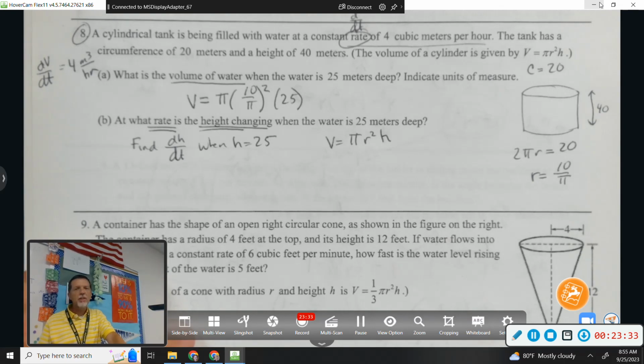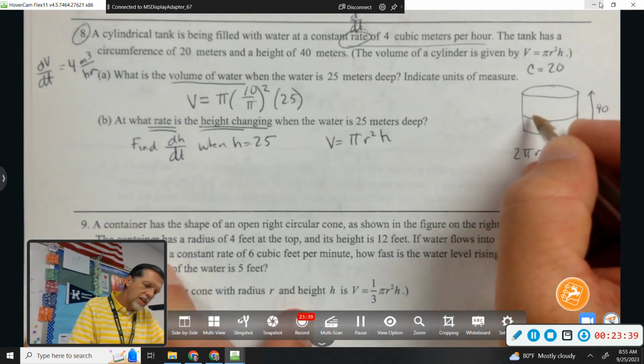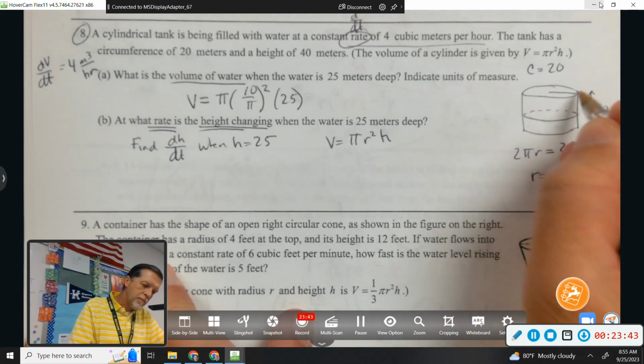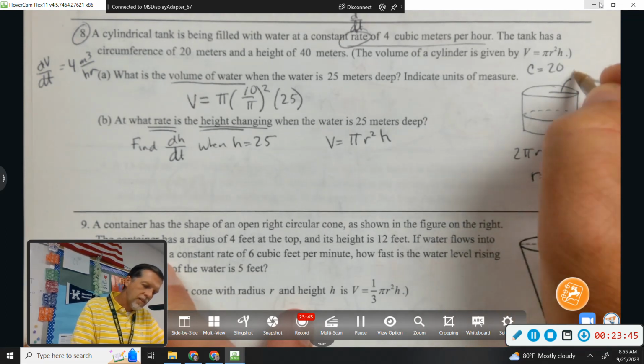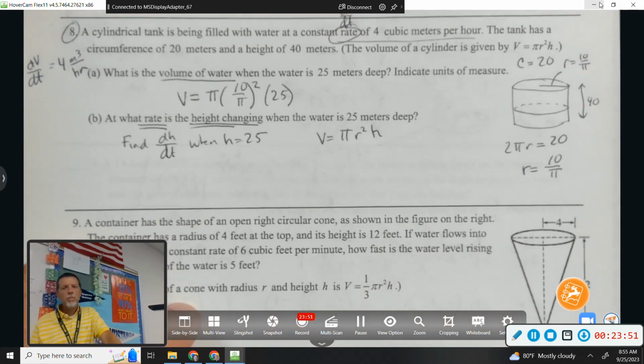But there's an r in there, and r is 10 over pi. Kind of 2 ways to handle this. If I take a derivative right now, I'll have to use the product rule. Is there any way around the product rule?